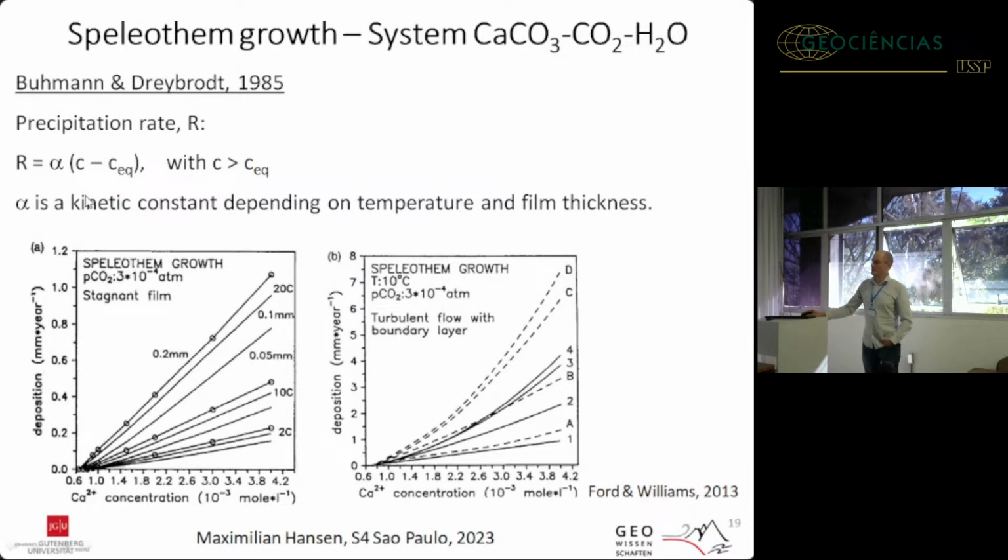But it is important to know that this kinetic constant, for the case of classic speleothems where you have very thin solution films, is almost independent of the film thickness. For the range which you find, it only depends on the temperature and not on the film thickness, because diffusion is very, very fast in a thin layer.